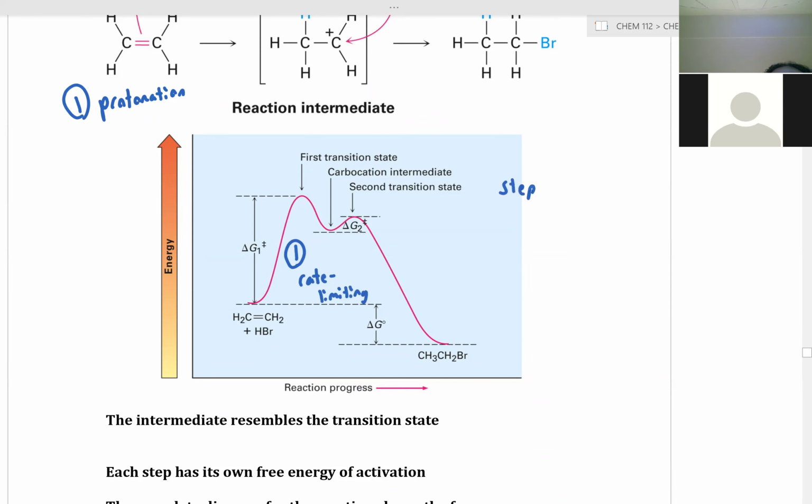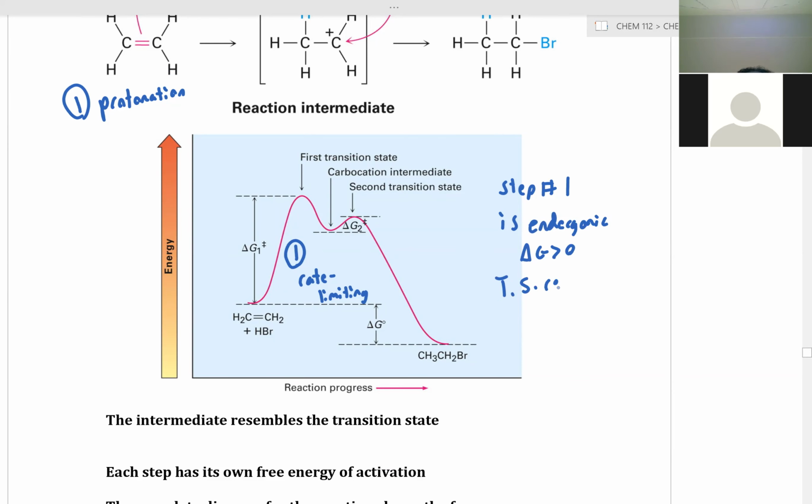Looking at this chart, is step 1 exergonic or endergonic? Is our delta G for the first step greater than or less than 0? The first step is endergonic. Exactly right. The delta G is greater than 0.